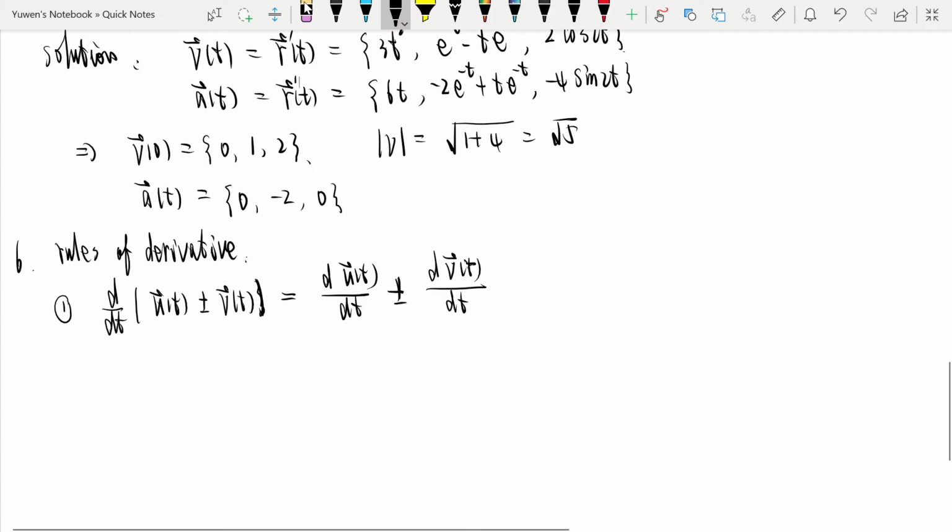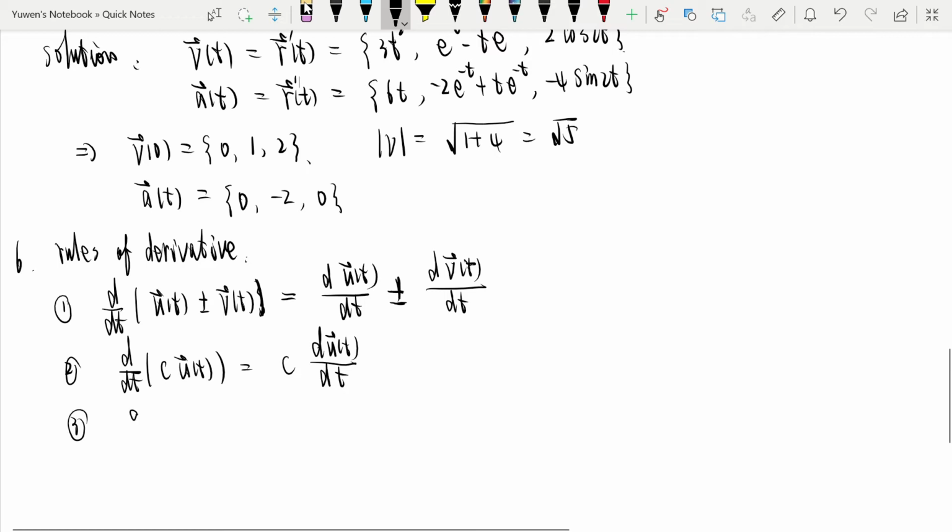And for constant multiplication, c times u(t), we can take the constant outside. This is similar to the scalar function.